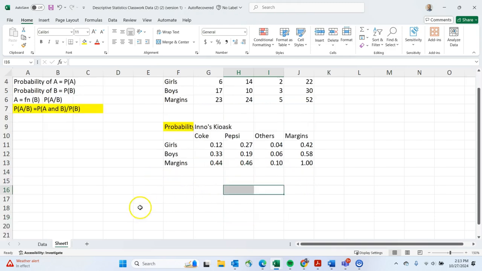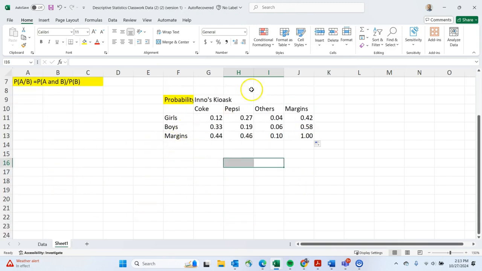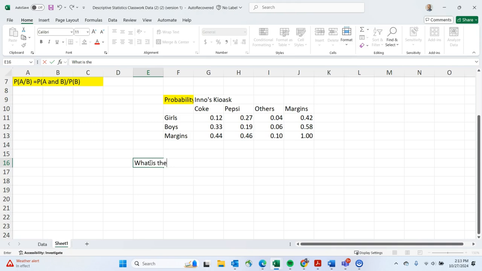In this case, we may answer a number of questions after we have created this. Let me just pose one question. What is the probability of selling, let's say, Coke, given that the customer is a girl? In this case, remember our condition, we always look for the condition.